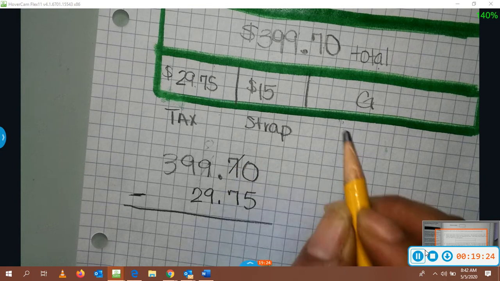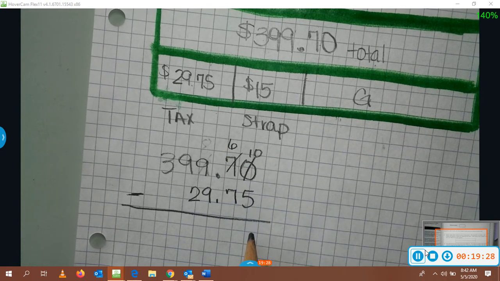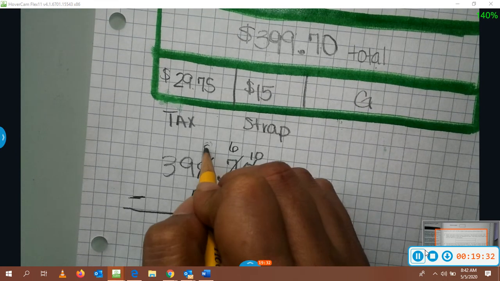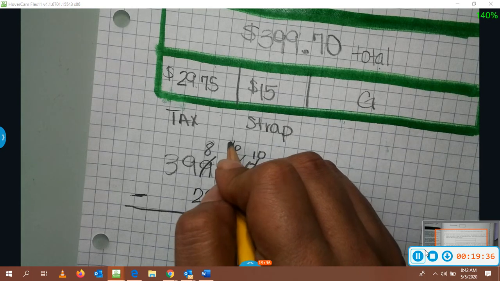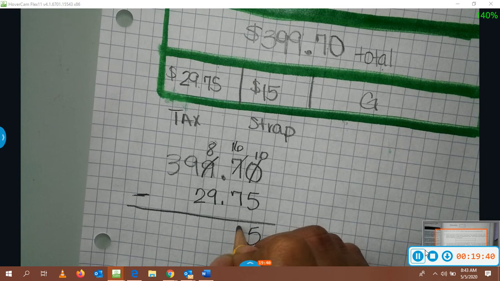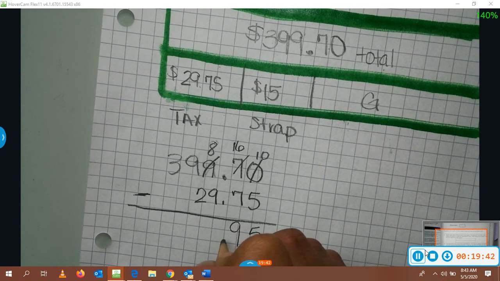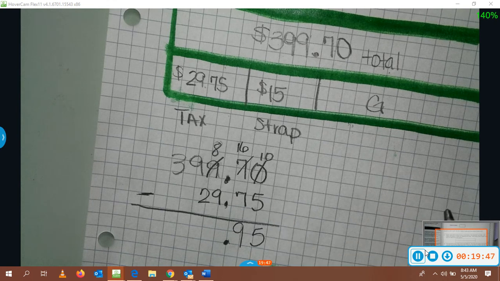So that becomes a 6. This becomes 10. 10 minus 5 is 5. So then, here goes 8 again. Then this becomes 16. 16 minus 7 is 9. Bring down your decimal point. It is a part of the problem.